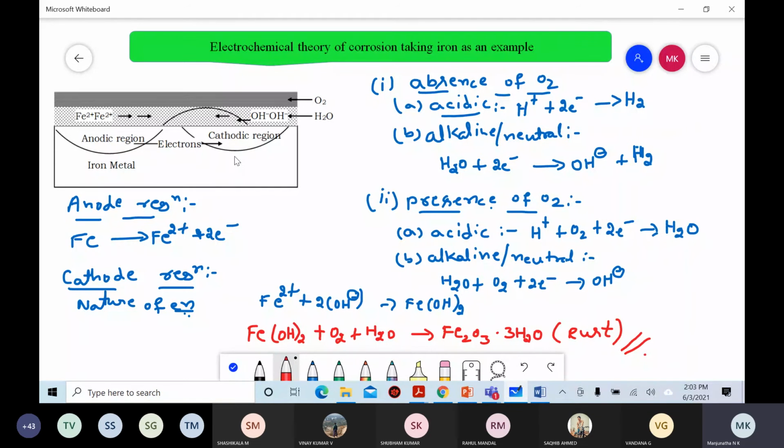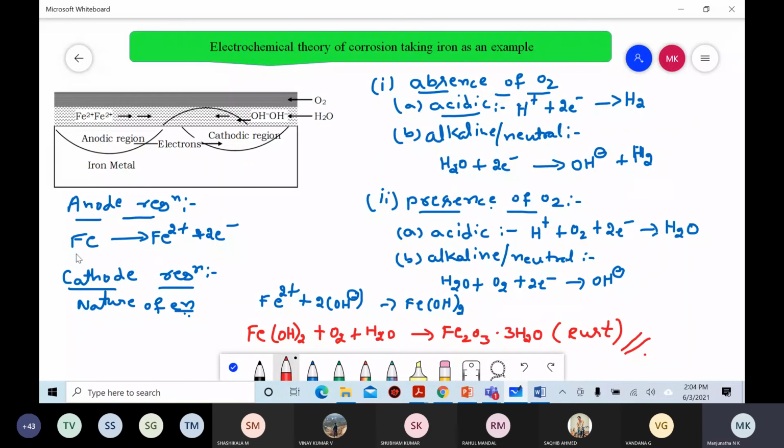At the anodic region, the metal undergoes oxidation, that is, corrosion. At the cathodic region, the metal undergoes reduction, unaffected by corrosion. You need to write down these postulates. Then you need to write down the anode reaction: Fe gives rise to Fe2 plus plus 2 electrons.